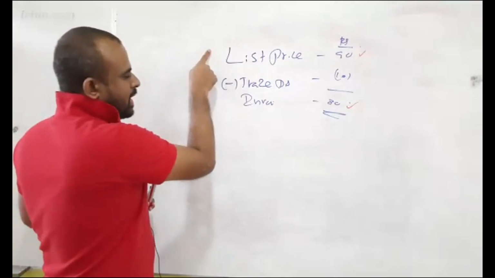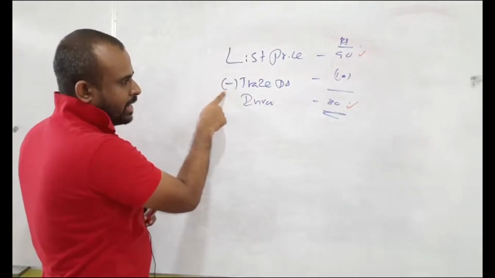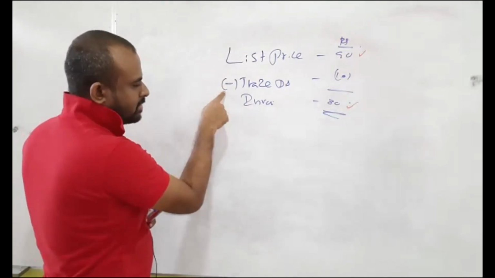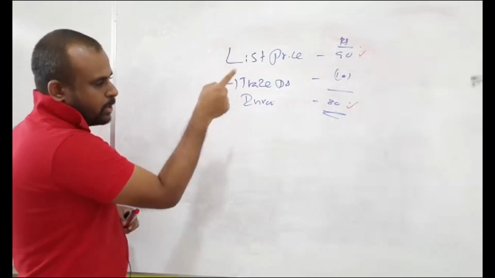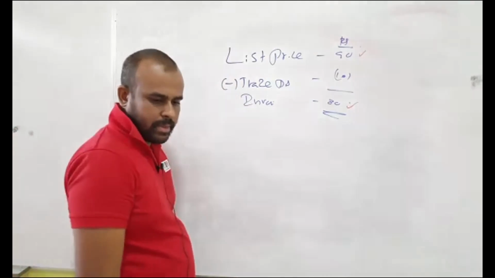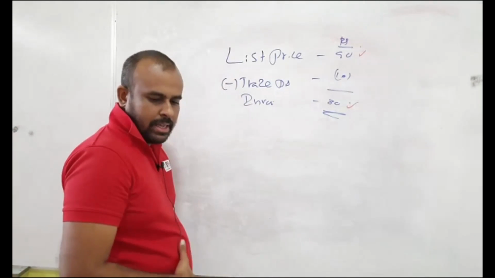Look, the list price is the price before deducting the trade discount. After deducting the trade discounts from the list price, you get the invoice price. Is it clear?